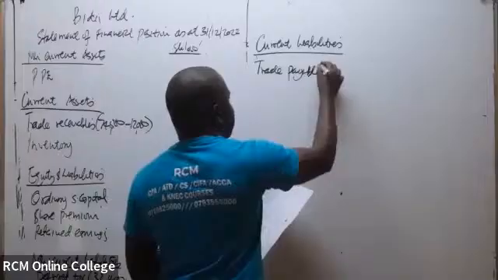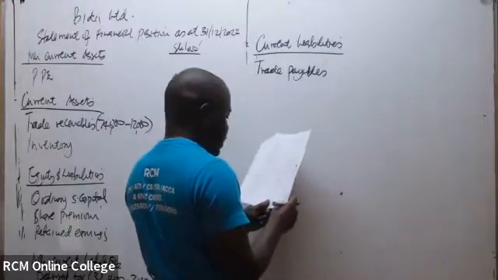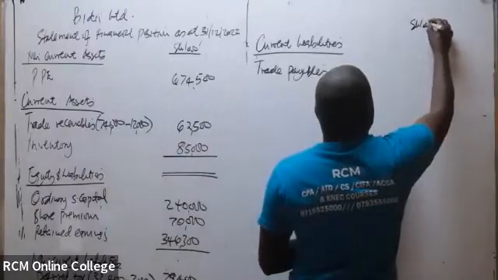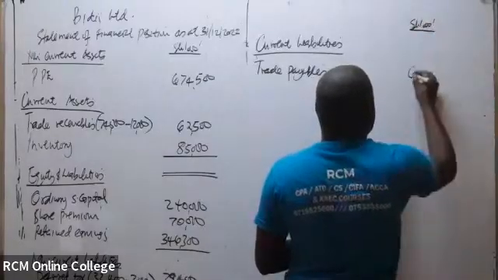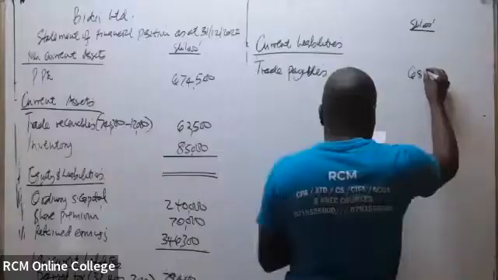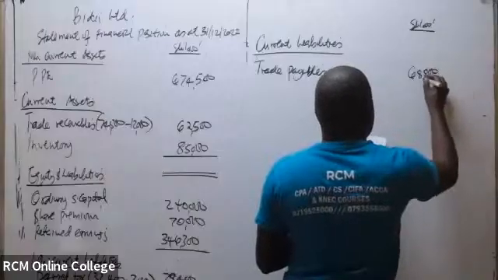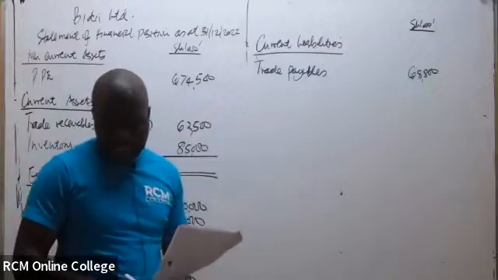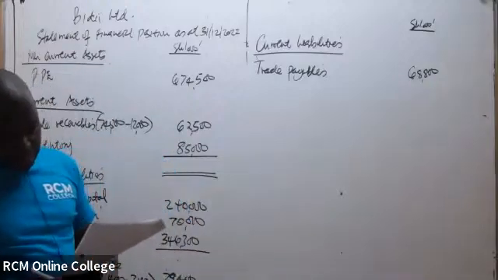These are just free marks you would have gotten because I don't think it has any adjustment. Our shillings are in thousands, so it comes to 68,800.